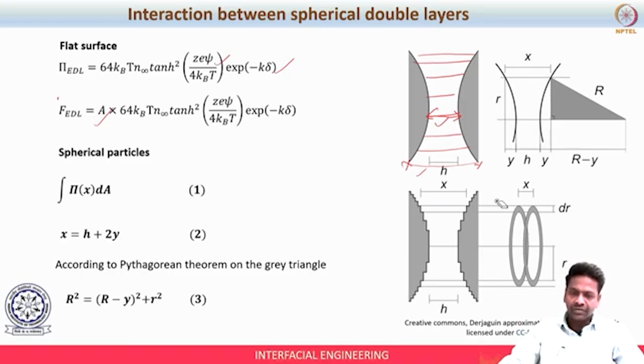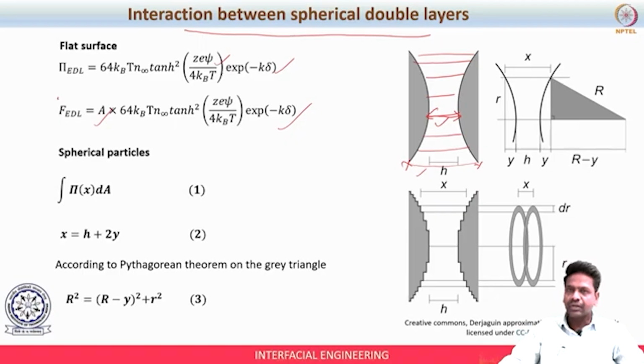This approximation mathematically helps us calculate the interaction between the spherical double layers easily, by just modifying the problem according to the equation that we know already. For example, this is the equation that we know already.